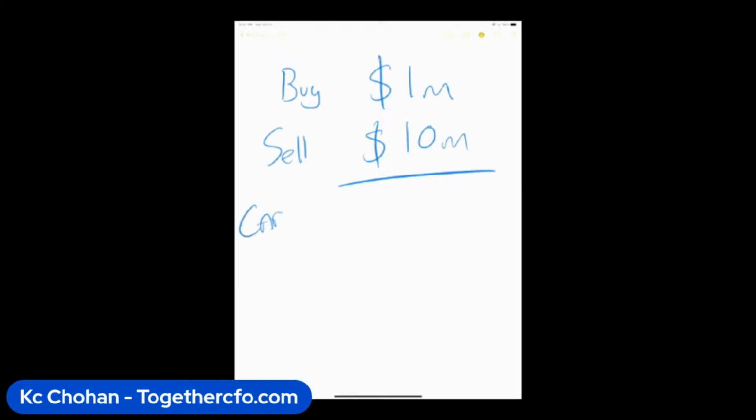So let's say you buy for 1 million and you sell for 10 million. Your cap gains is going to be $9 million. Now, that $9 million can be broken down into two things.